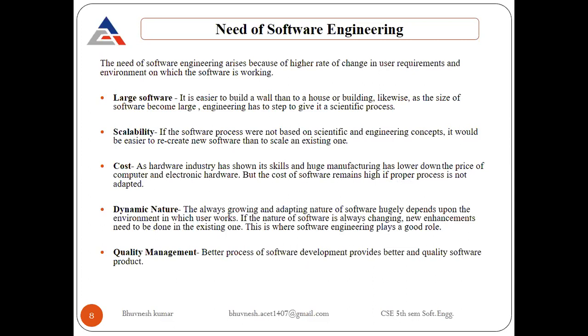If we are not using proper software engineering concepts, then the product is recreated and manufactured again and again, and we have to make a product from scratch. If we are using proper principles and proper phases, then we only have to modify or add some concept in it, and that will reduce the cost also.